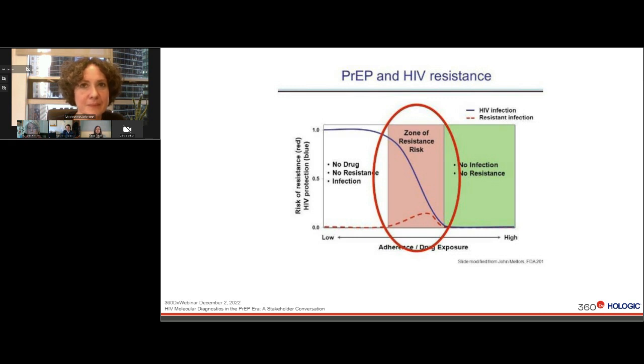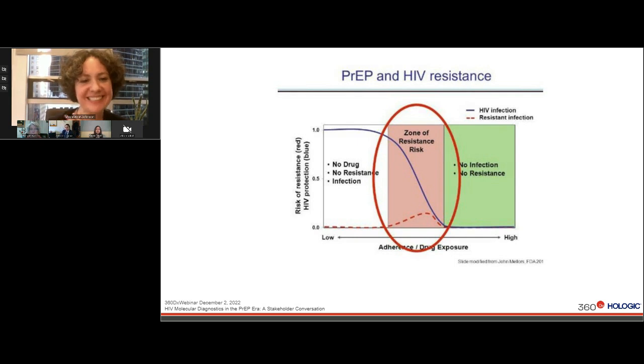Now, people who get infection during that time can be at risk for developing resistance. So we really want to avoid those and end infections as early as possible so that people can be transitioned over to an effective antiviral regimen. Okay. Does anybody else have any comments on this?